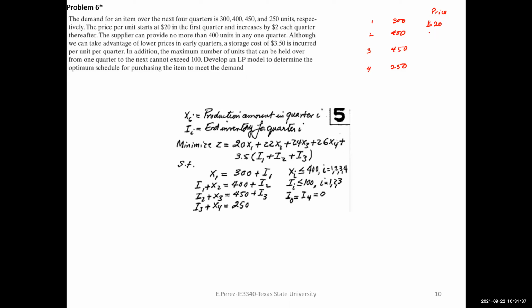So this is $20, $22, $24, and $26. The supplier can provide no more than 400 units in any one quarter. Okay, so we have a capacity limitation, maximum 400 per quarter.